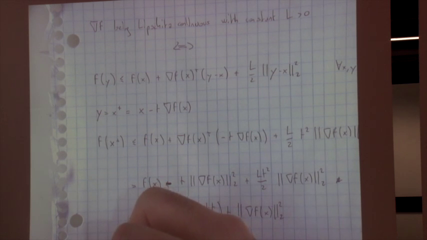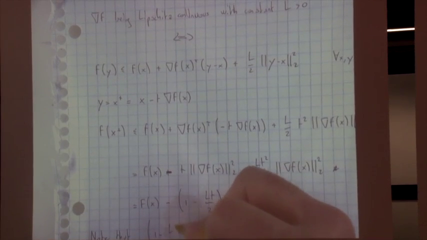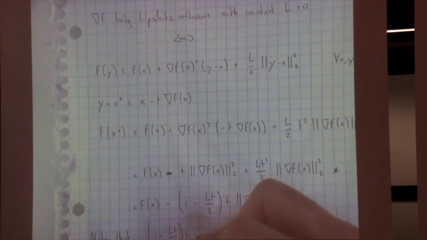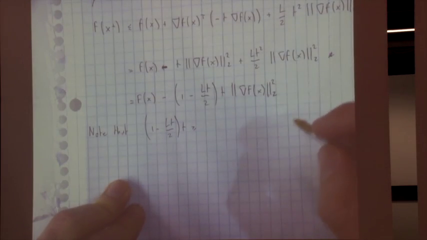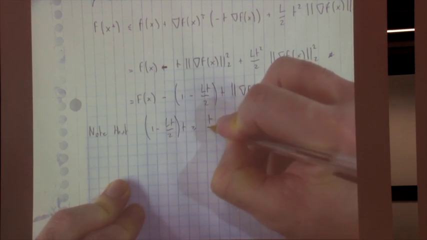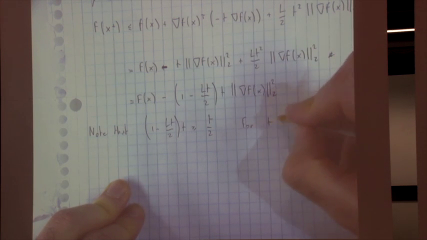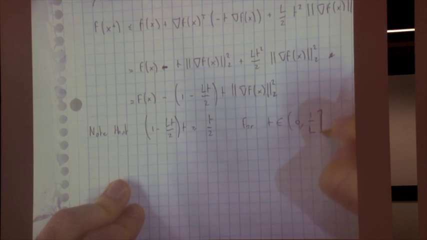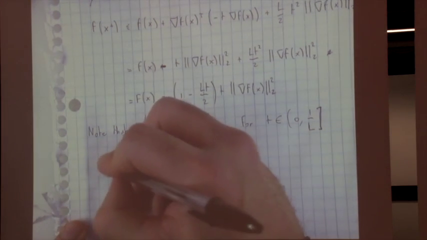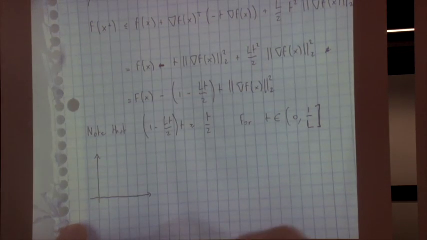We can note that 1 minus L t divided by 2 times t is no less than t halves for t in 0 to 1 over L. You can check it, but the idea is that if you plot these two functions, you have a graph that looks as follows.